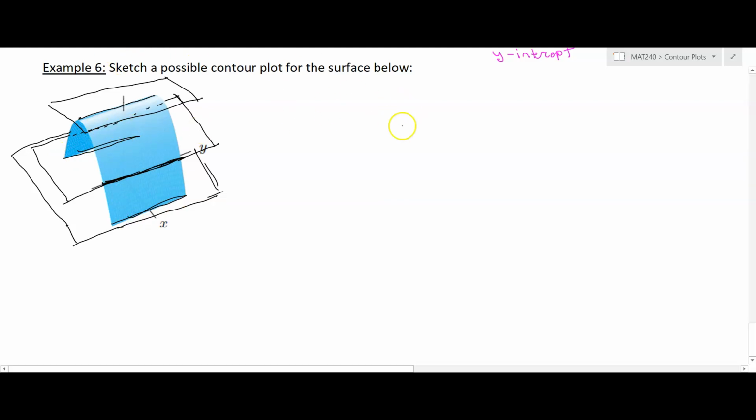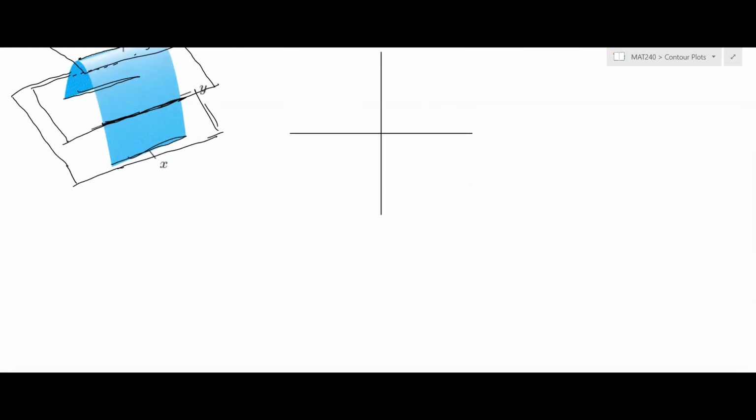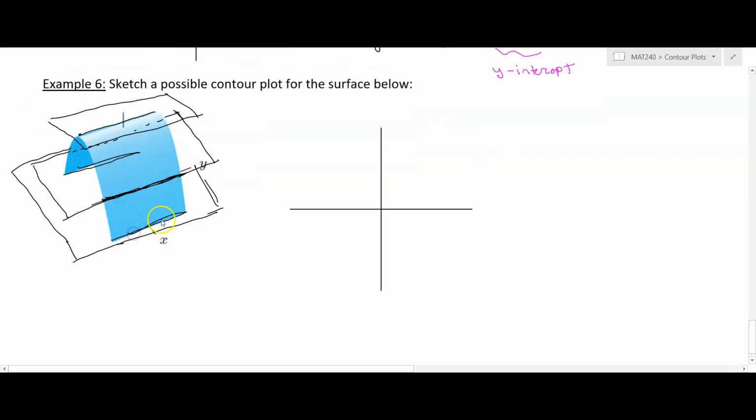So what I would imagine is, in terms of my phase plane, or my contour plot, when z is equal to 0, which I will assume is right here, so this is where this parabolic function rests on the xy plane, I see two lines along the x that are perpendicular to the x-axis that lie farther apart. So they're maybe here and here.